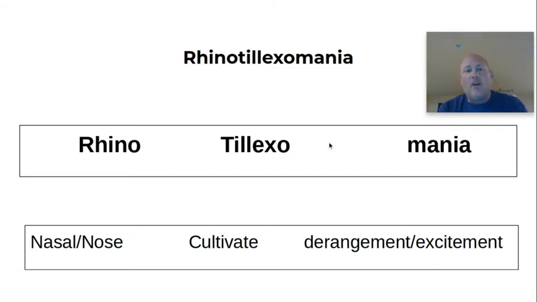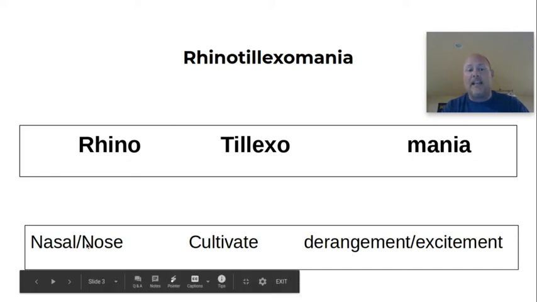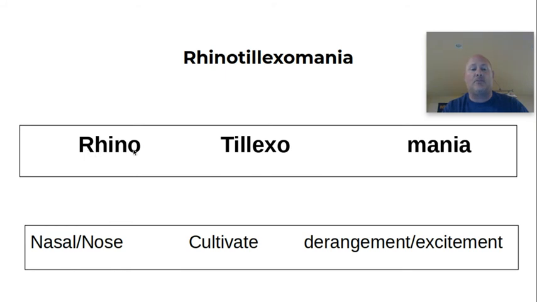Okay, rhinotelexomania. This is a kind of a gross one. Rhinotelexomania is the compulsive disorder of picking your nose. And yes, this is a true thing where someone likes the feeling of picking their nose. Rhino meaning nasal or nose, so rhinoplasty is a nose job, nasal surgery.